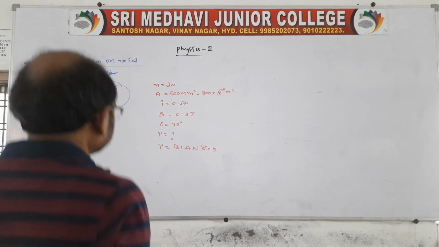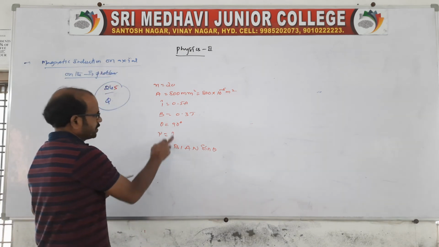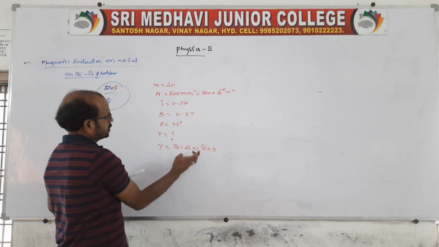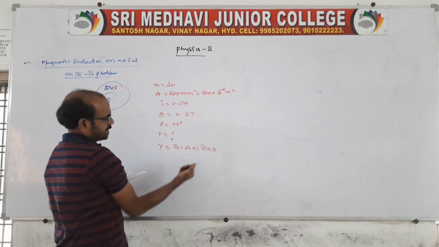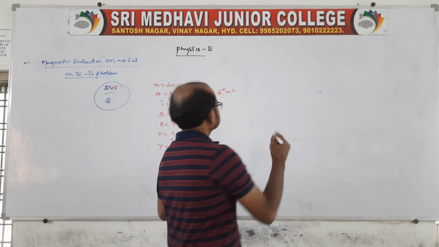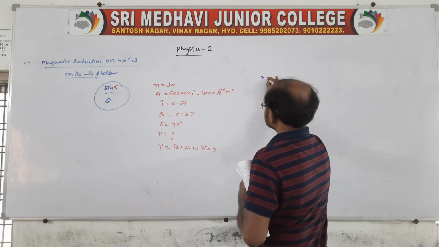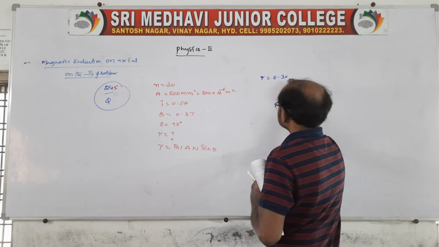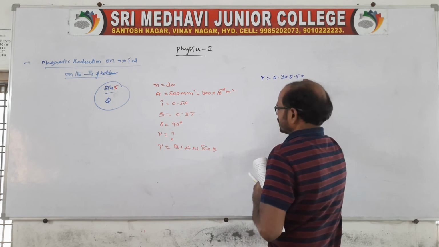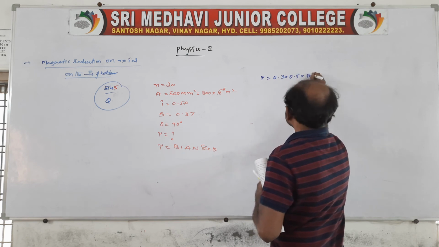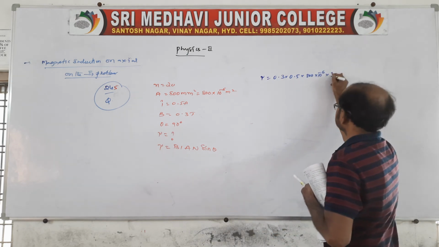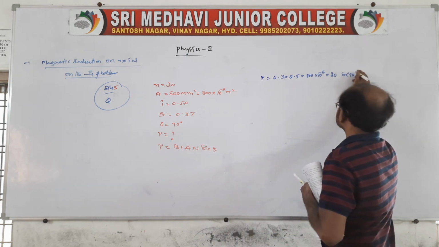Yes, you substitute all these values here. B we know, I we know, A we know, N also we know, sin 90. Torque is equal to 0.3 into I, which is 0.5, A is 800 into 10 power minus 6, N is 20 turns, sin 90. Clear?